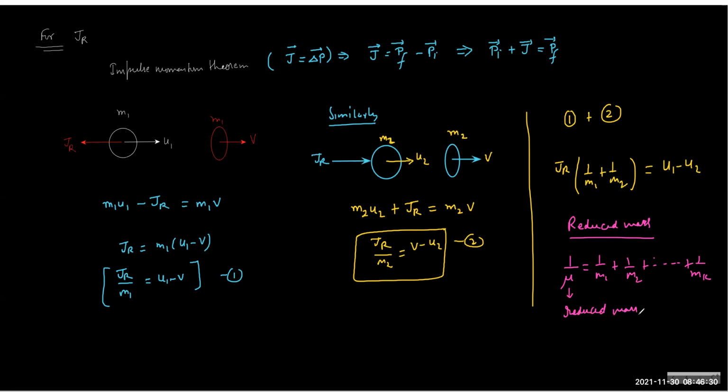You may be wondering why we call it reduced mass, because this is like a parallel combination of resistors. And we know that when you combine two resistors in parallel, the equivalent resistance will be less than the least value. So now, because we are talking about only two masses, for our case, the 1 by m1 plus 1 by m2, we call the reduced mass, and this will give you the answer mu equals product upon summation.